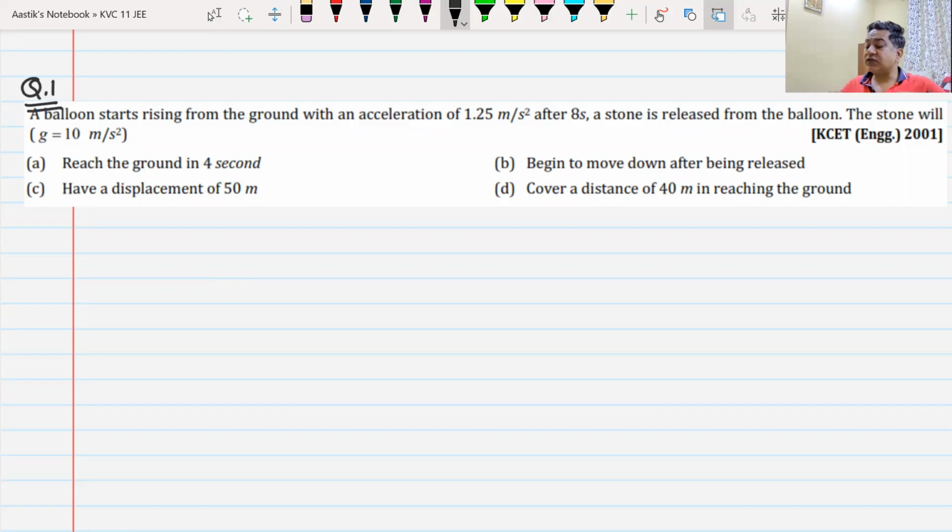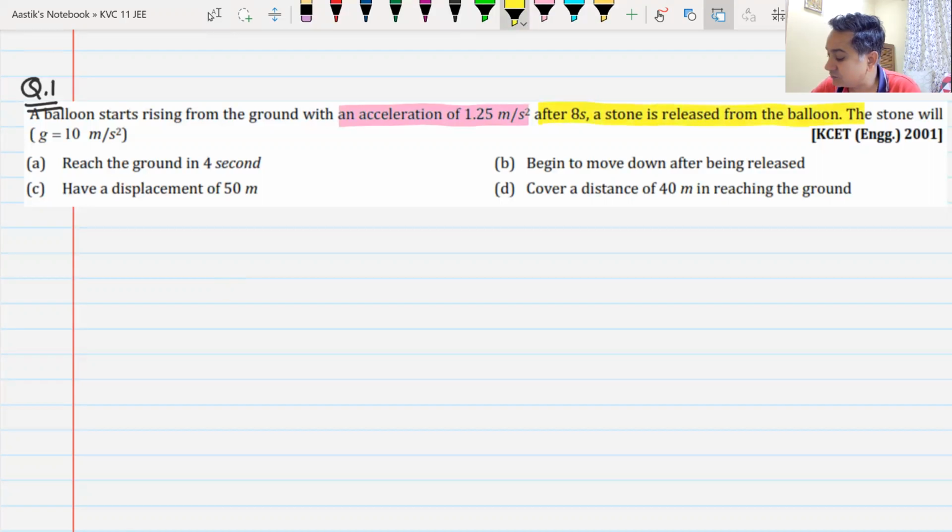A balloon starts rising from ground. So here also balloon. Instead of uniform velocity, it starts with an acceleration of 1.2 meter per second square. Good for it. After 8 seconds, stone is released from the balloon. What will happen to the stone? Our friend g is 10 meter per second square.